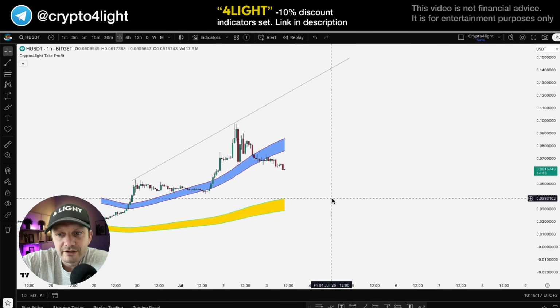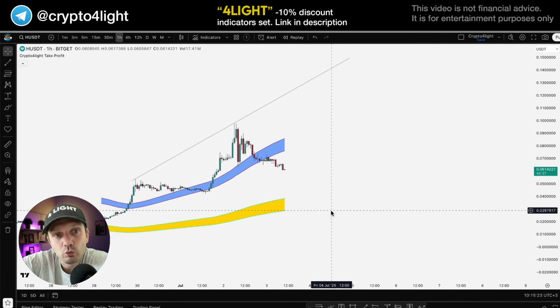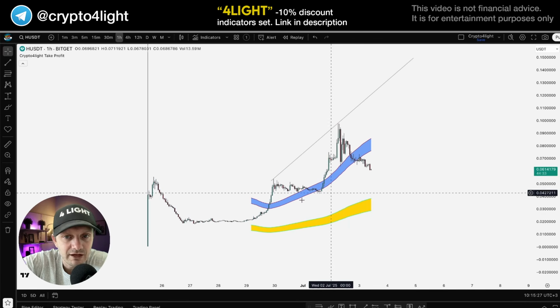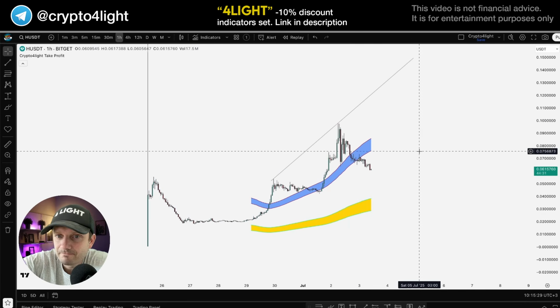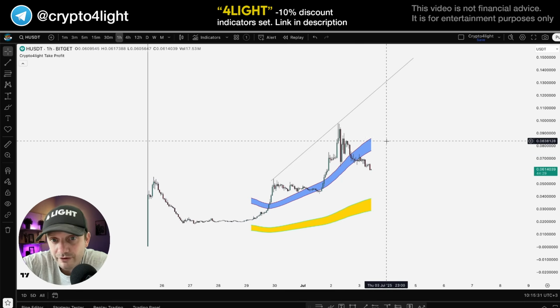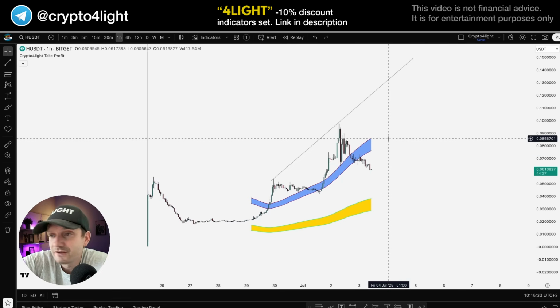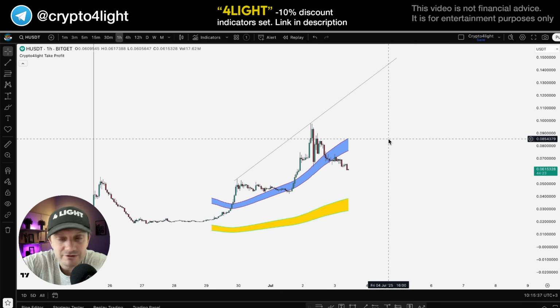Support line now, it's 0.3 cents 83. This is a buy line. Fundamental value of this token on the 1 hour time frame is 2 cents 87. So this is it. After these pumps, when we trade around take profit or around the exit line, this is not a time to buy the token, guys, just in case.